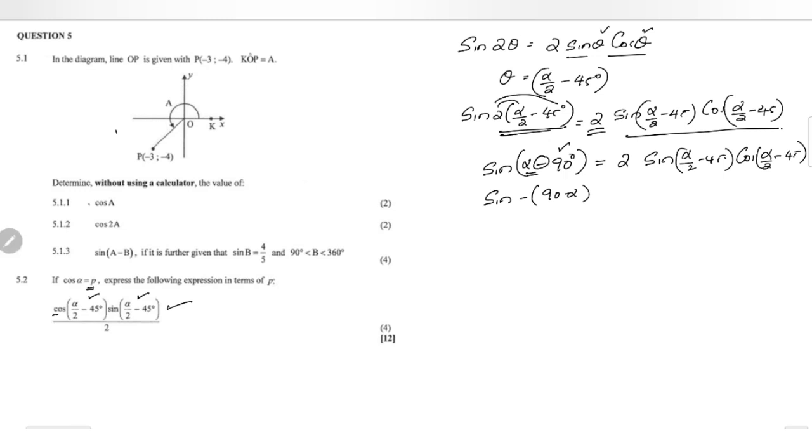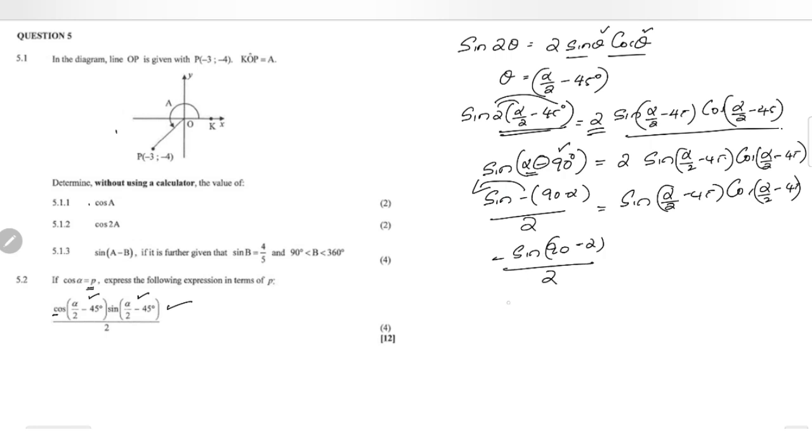So it is the same as minus of 90 minus alpha, then divide by 2 is equal to sine alpha by 2 minus 45 cos alpha by 2 minus 45. When you simplify this, it is going to be minus sine 90 minus alpha, as the negative angle sign minus will come outside, divided by 2, which is going to be minus cos alpha divided by 2.